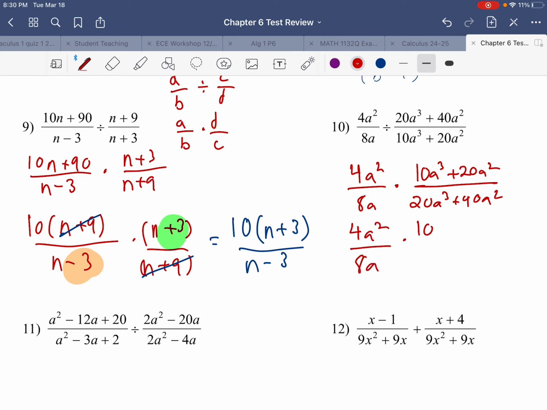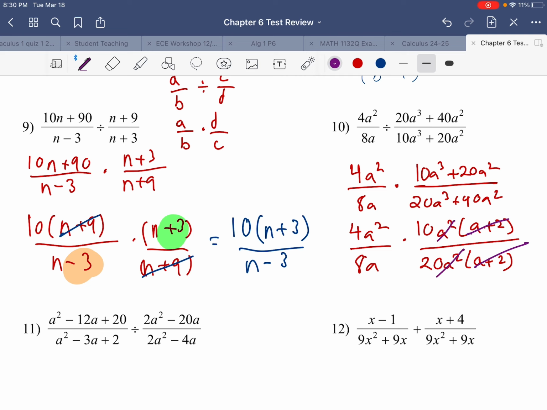Let's factor out in the numerator 10a squared to make it a plus 2 over, this should be 20a squared, and it's a plus 2. So a plus 2 and a plus 2 cancel.